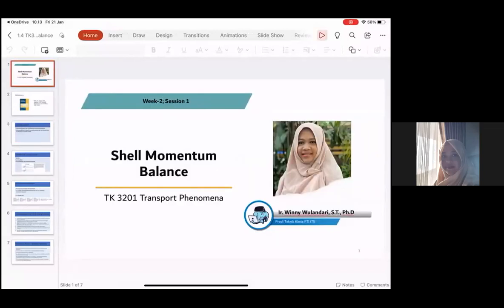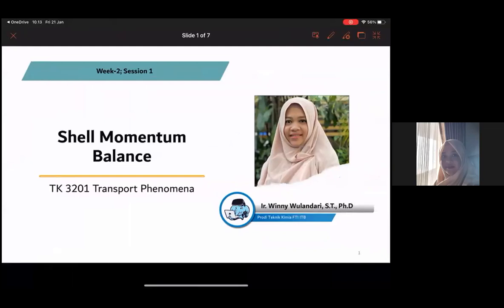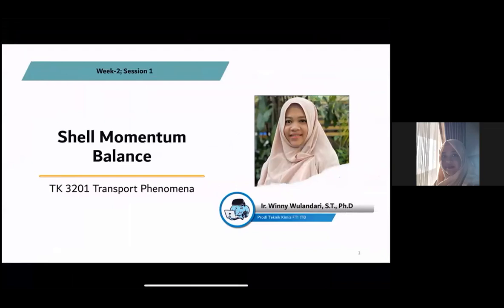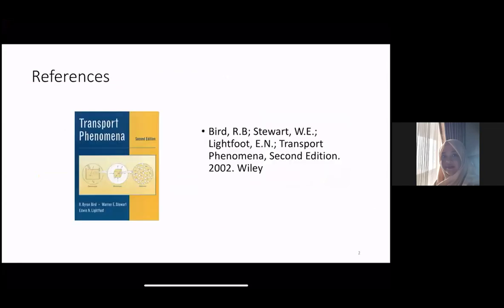Okay. So the question is, why do we have to be really detailed in describing those momentum fluxes? What is the use of that? We're going to set up what we call the shell momentum balance. Wait, give me a second.